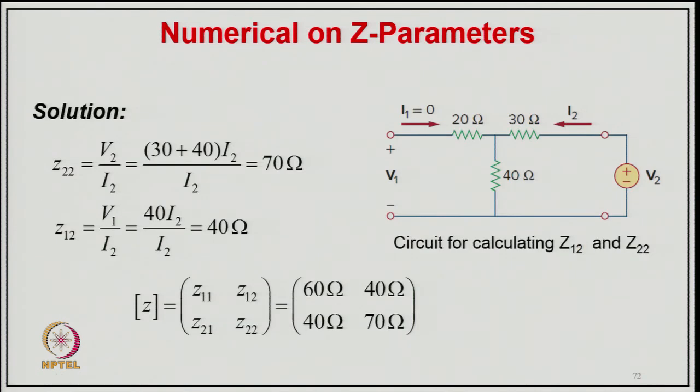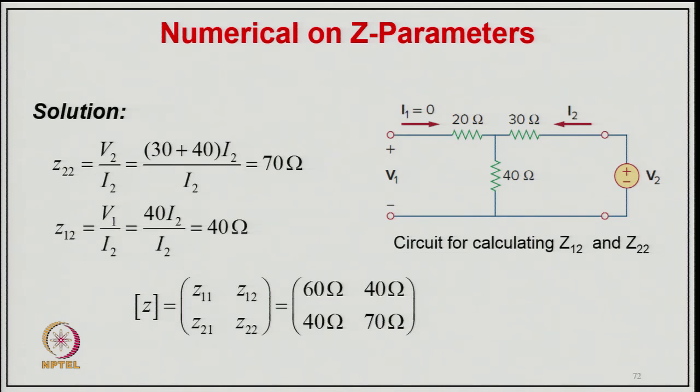Similarly, we can now find the parameters from the output side. We apply the voltage here and keep the primary open. So, we define Z22 as V2 upon I2 here. This will be again the two resistances divided by the current. So, 30 plus 40 will be the V2 observed across there divided by I2. So, it will be 70 ohm. And Z12, of course, the voltage which gets reflected here will be V1 upon I2. That will be the current flowing into the 40 ohm, because there is no current, it will be reflected here.